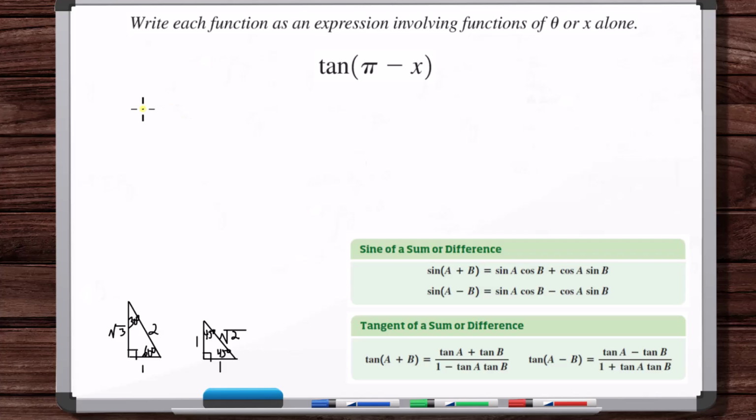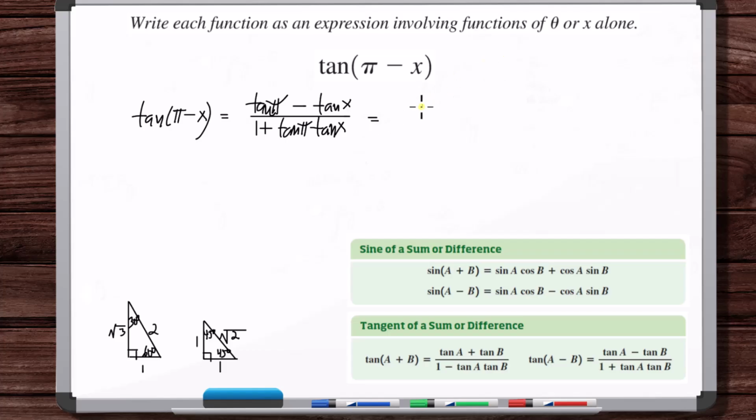Okay, tangent pi minus x. Let's use the difference formula for tangent. So tangent a minus b, okay, we've got tangent of pi minus tangent of x over 1 plus tangent of pi tangent of x.